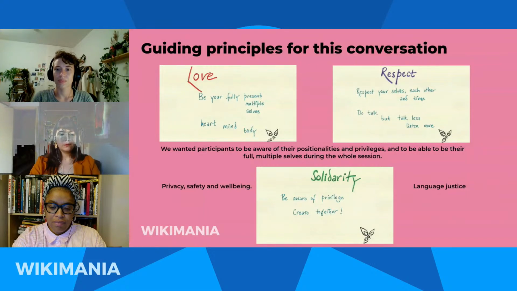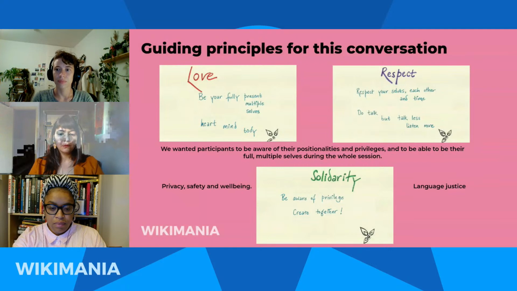And also we had a commitment to the privacy, safety and well-being of the participants, and also to language justice. This session had simultaneous interpretation between Spanish, Portuguese, and English.